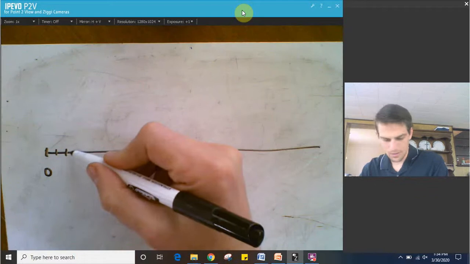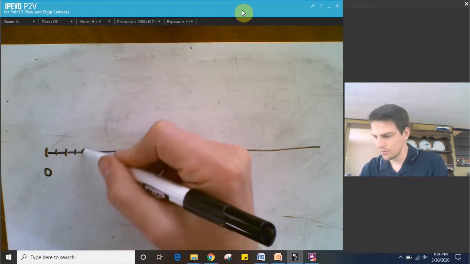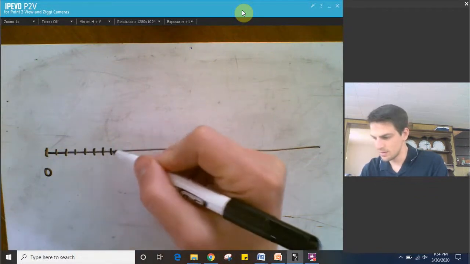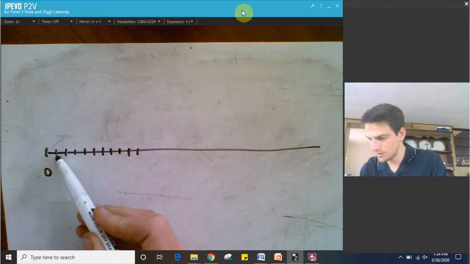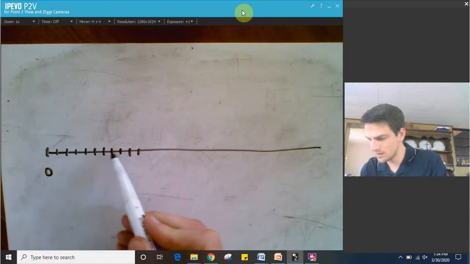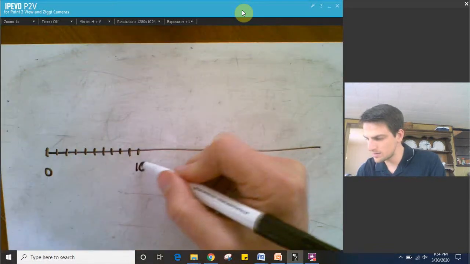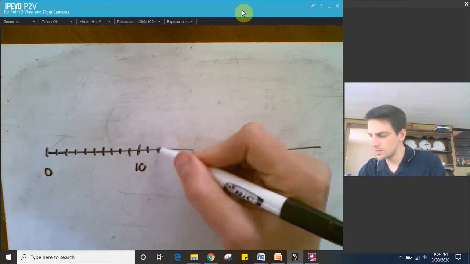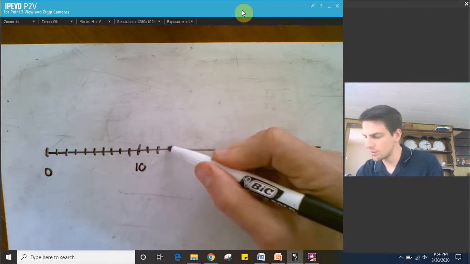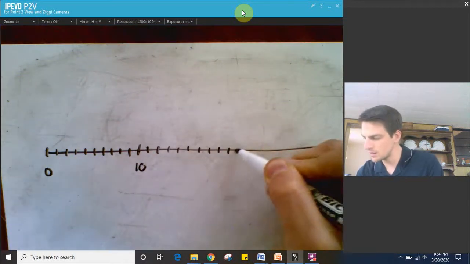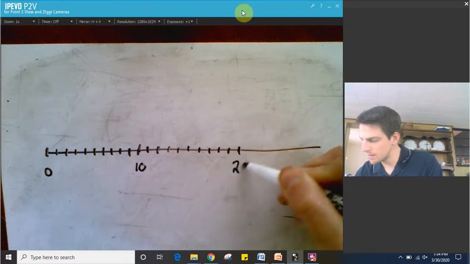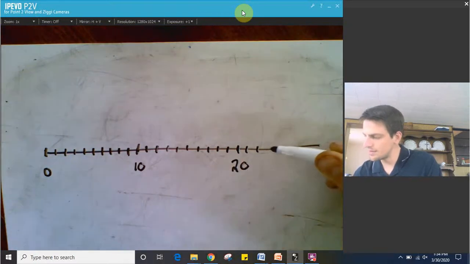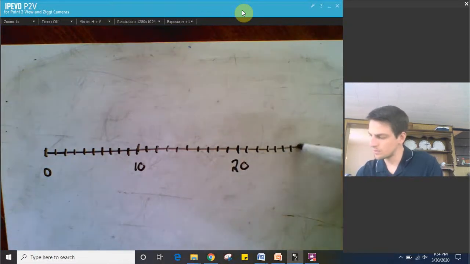Then we count 1, 2, 3, 4, 5, 6, 7, 8, 9, 10. It arrives at that 10-minute mark, waits 2 minutes, and then leaves. 10 minutes later, it shows up again, waits for 2 minutes, and then it'll leave. And so on.